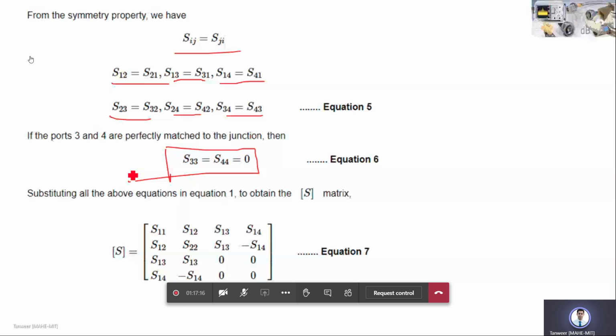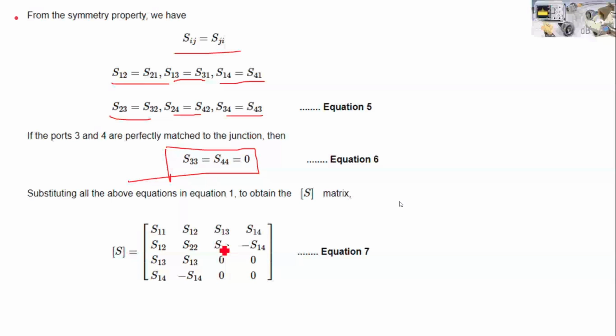So what you will get, replace these values, S11 as it is, S12 as it is, S13 as it is, S14 as it is. Now S21, S12 will become S22 as it is, S23 is equal to S13, you have seen previously. Again same thing, S24 is equal to S42 is equal to minus S14. Then S31 is S13, same thing, S32 is equal to S13, 0. Again this is 0 as we have seen previously.